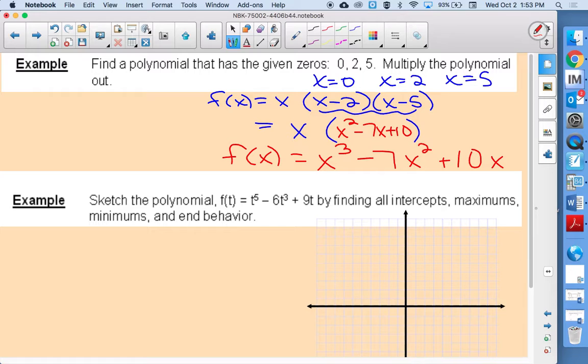We usually factor it to get the zeros, getting it in factored form. That kind of worked backwards through the problem. So we factor it to find the zeros, or I could FOIL it to get back to the original polynomial. That's why they're my two favorite F words. Factor to FOIL, you FOIL to factor. It's wonderful. Friends are good too.